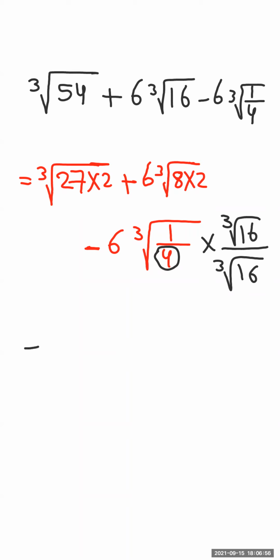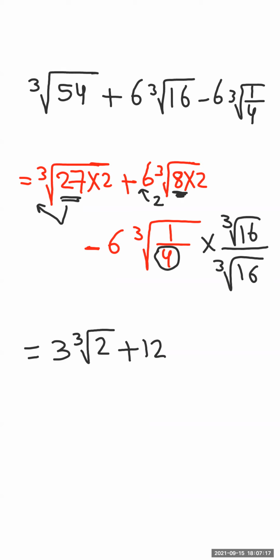Cubic root of 27 will come outside the cubic root and equal 3. So 3 cubic root of 2 plus 8 cubic root of 8, which means 2. Now 2 times the 6, you will multiply 2 times 6. So it will be 12 cubic root of 2.